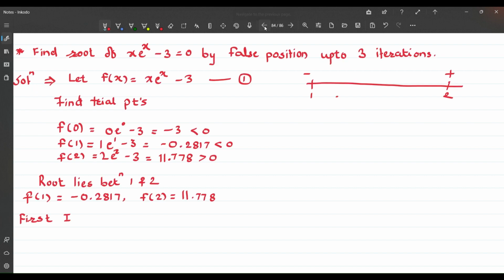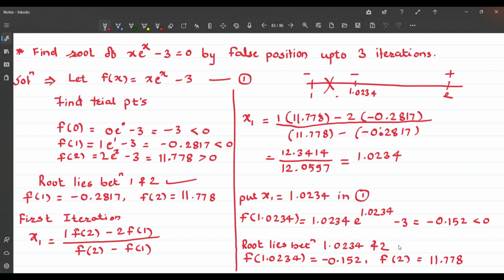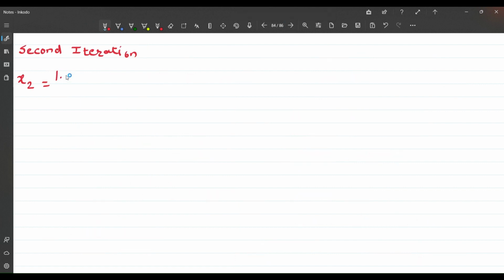So the formula for x2 from 1.0234 and 2: I can write 1.0234 into f of 2 minus 2 into f of 1.0234, divided by f of 2 minus f of 1.0234.